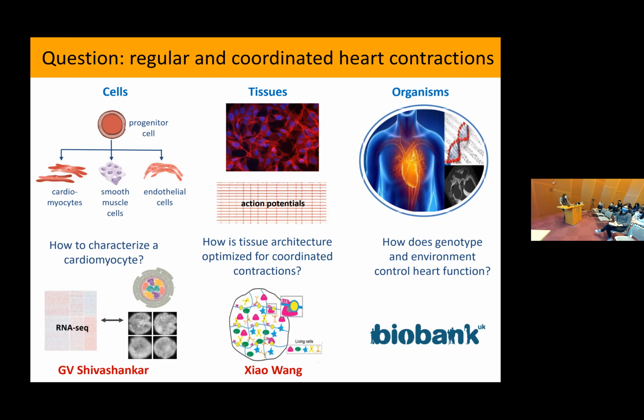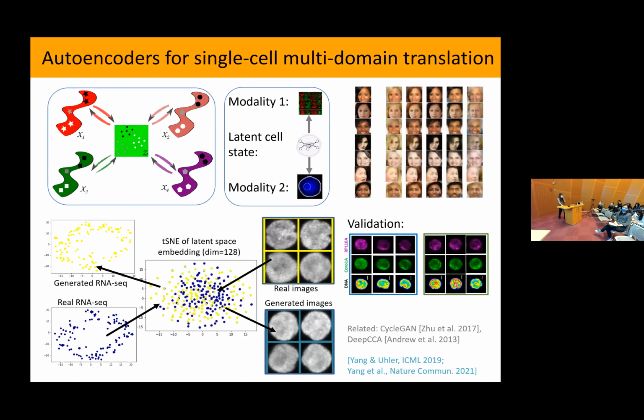In fact, this is exactly what we try to do in this first one here. This is at the cell level now. The question is, how can we integrate and translate between these very different data modalities? We have expression data on one side: these 20,000 dimensional vectors of how much every gene is expressed.